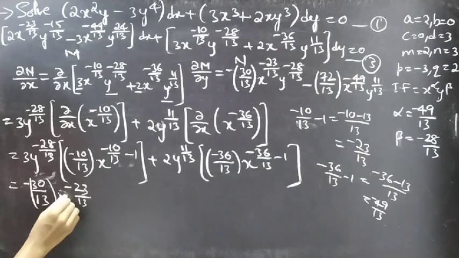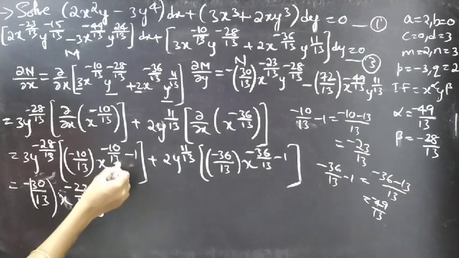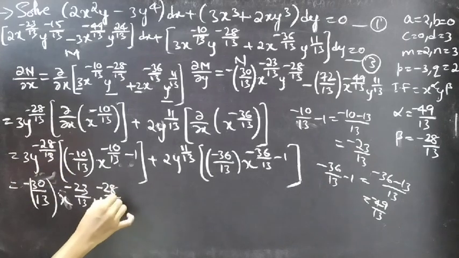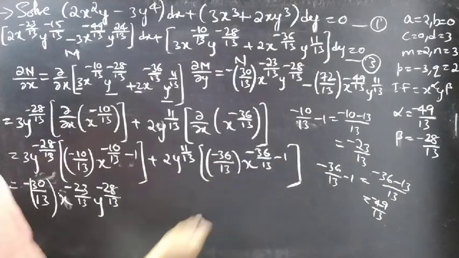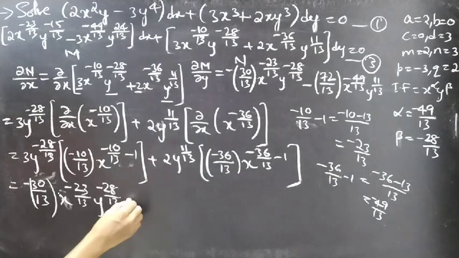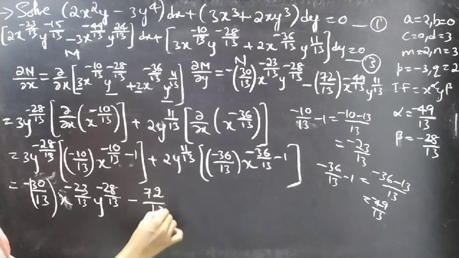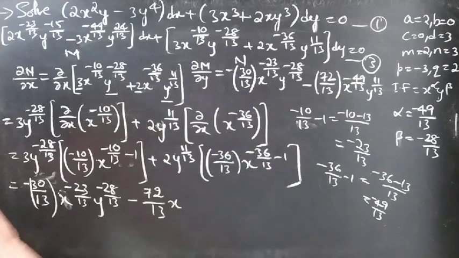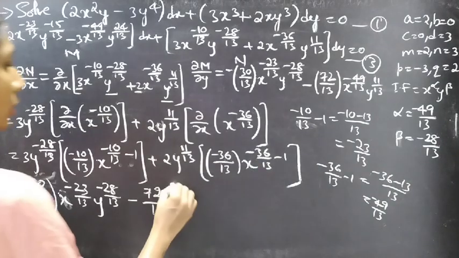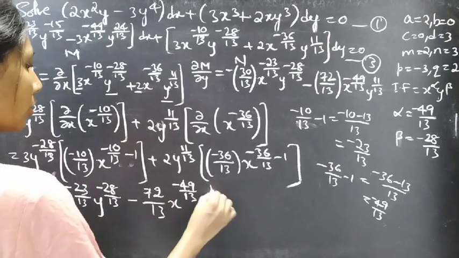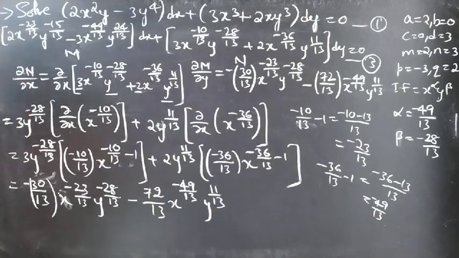It's x power, okay, into y power minus 28 by 13, okay, plus 2 into minus 36 by 13 gives minus 72 by 13 into x power minus 36 by 13 minus 1 is minus 49 by 13 into y power 11 by 13, okay.